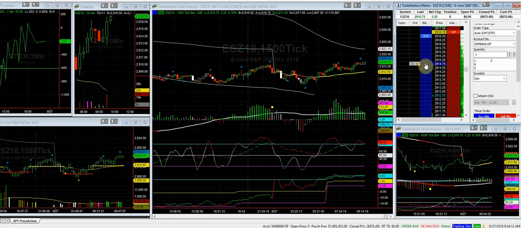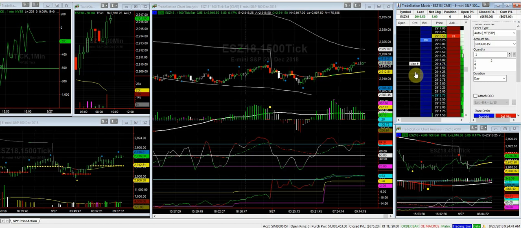So the idea here is that if it goes 3 ticks against us, we're going to place our stop at our entry point and we'll get closed out. If it goes 4 ticks for us, then we're going to place our stop at our entry point and potentially get stopped out again.